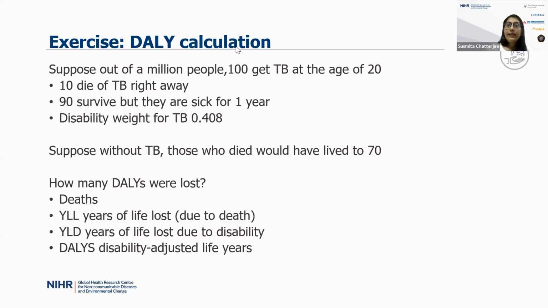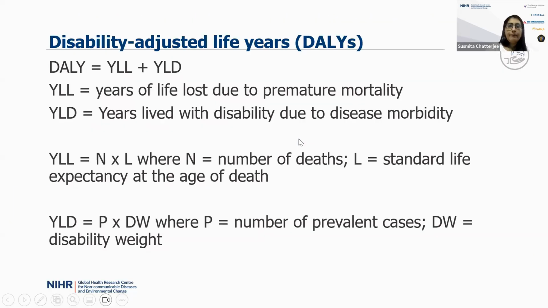Think about it very carefully. 10 people with TB at the age of 20. 10 died. 90 survived. Sure. 90 survived, but with some disability, and the weight is 0.408. And those who have not died would have lived up to 70 years.